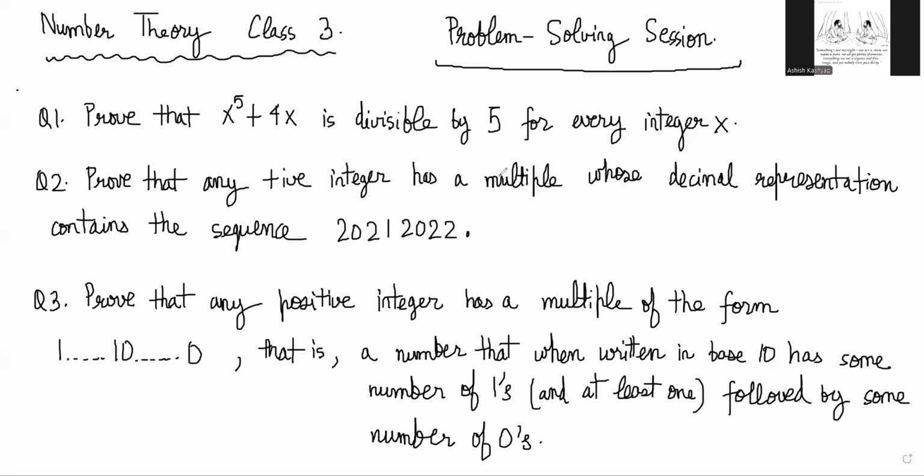First one is done. Sir, we can apply Fermat's theorem for any prime p, a to the power p congruent to a mod p. No, we are not going to use Fermat's theorem because we have not discussed it yet.